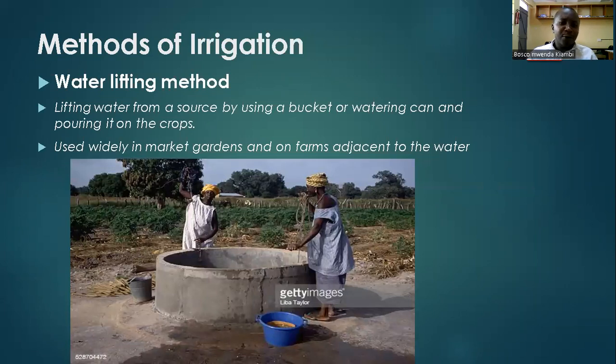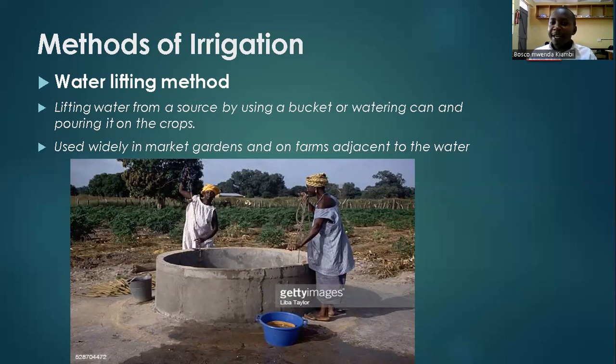Let's look at the methods of irrigation. We have the most common methods. I think some of us have been able to do it, especially those who have grown in the countryside. Water lifting methods, where you lift water from a source using a bucket or a watering can, and then you pour it onto the crops. This one is common in our villages.